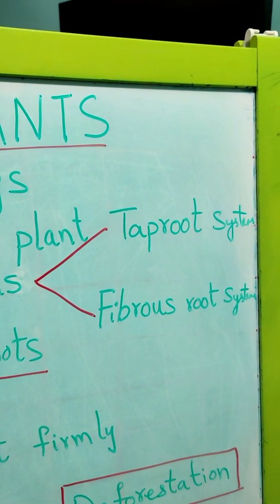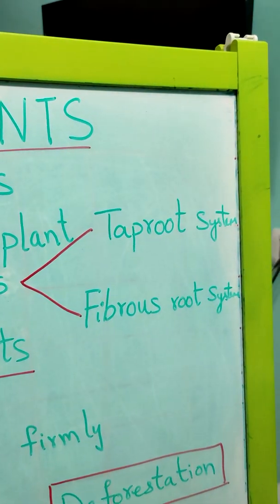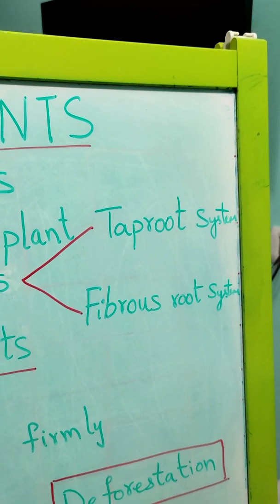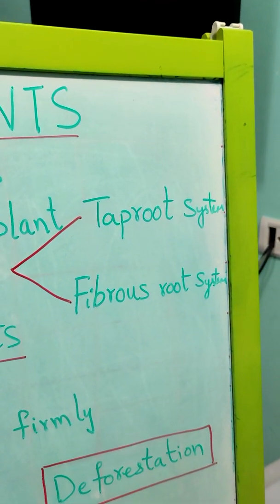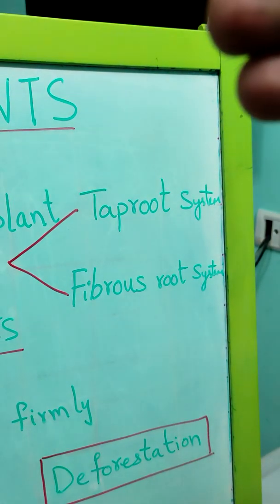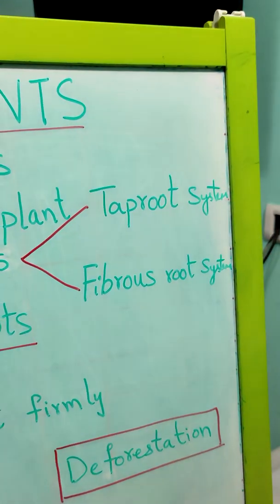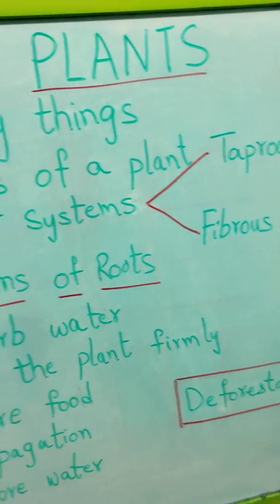What is the taproot system? In the taproot system, we have one main root and some small side roots emerging from the main root. And in the fibrous root system, there are many roots, all looking like fibers and all looking similar. All the roots are emerging from the base of the plant only, and there is no main root in this fibrous root system.